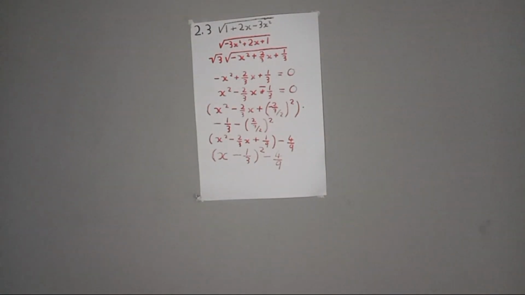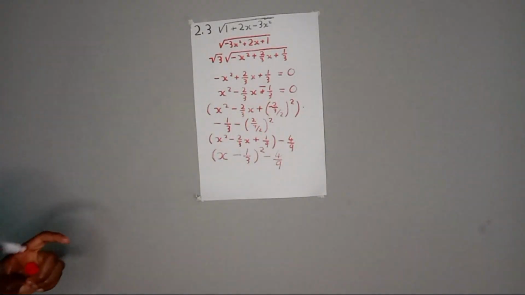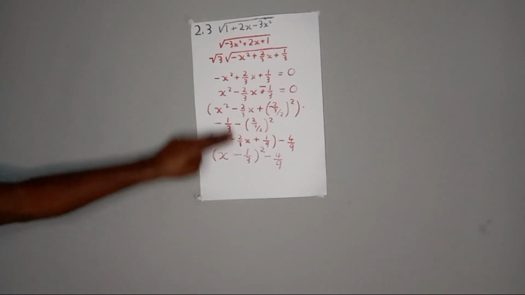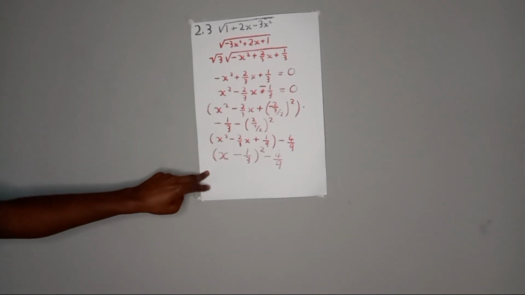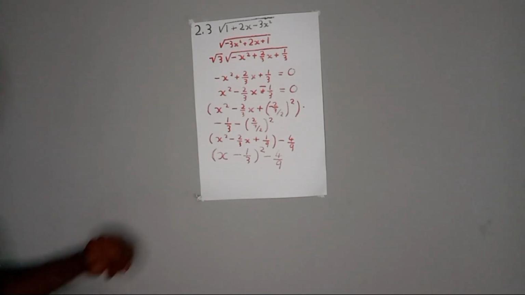Okay, so guys, this pen is running out of ink, so I'm going to use the green pen now. The second step is to rearrange it, because remember this was negative. Let's make a huge bracket and put a negative outside the bracket.